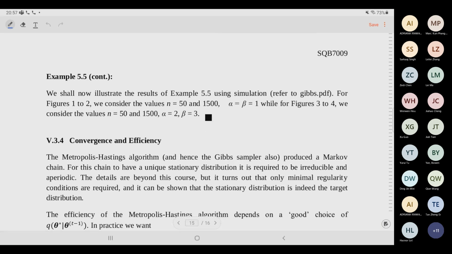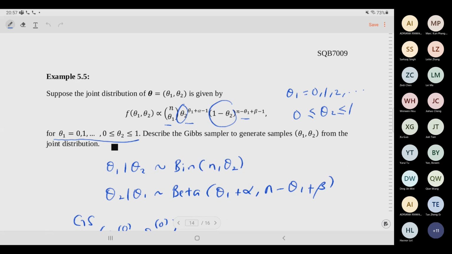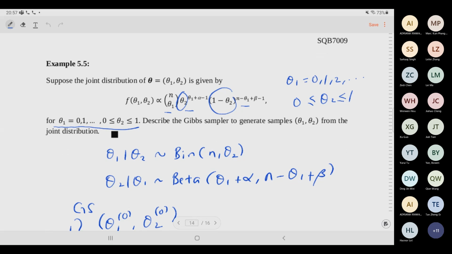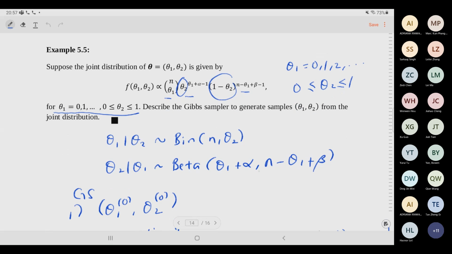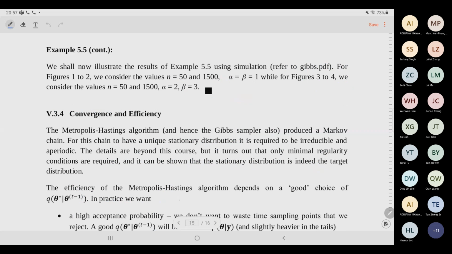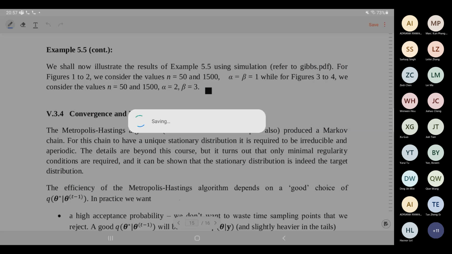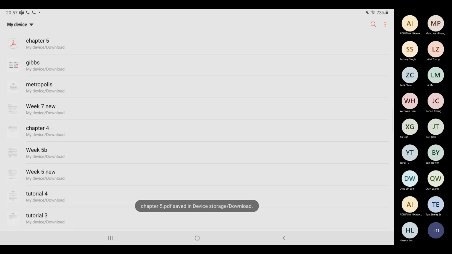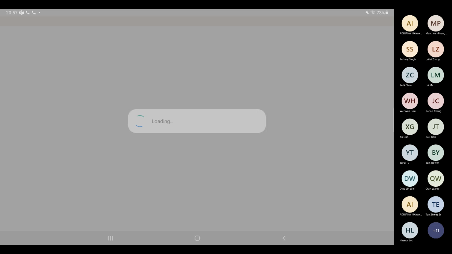Okay, alpha and beta actually is, if you look over here, the constant inside the beta part. Okay, or it could also be from the prior. So it might also affect your simulation.